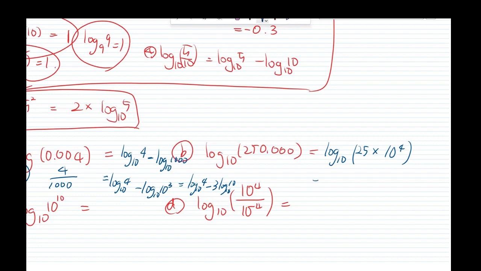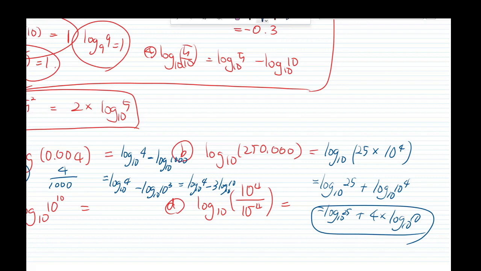Now we can split it using the properties of the logarithm: log base 10 of 25 plus log base 10 of 10 to the 4, which is log base 10 of 25 plus 4 times log base 10 of 10. So what is the answer for the second one? 5.4. Okay, thank you.